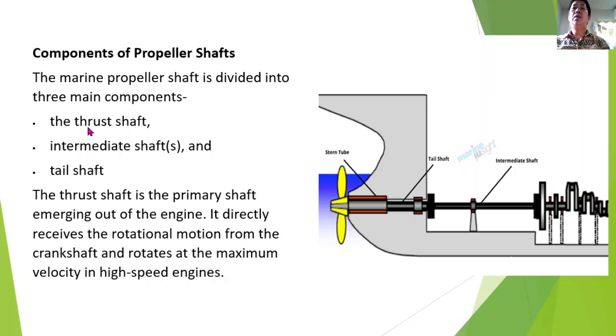We have here the thrust shaft, the intermediate shaft, and the tail shaft. The thrust shaft is primarily the shaft emerging out of the engine. It directly receives the rotational motion of the crankshaft and rotates at maximum velocity in high speed.